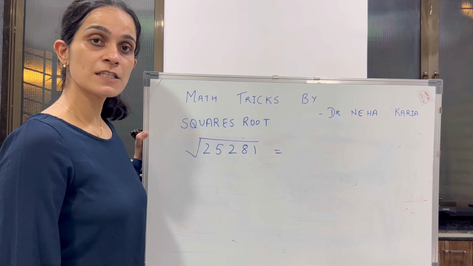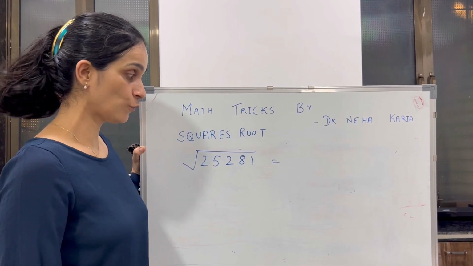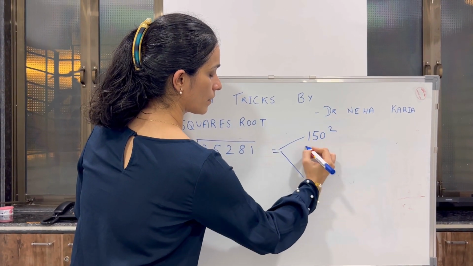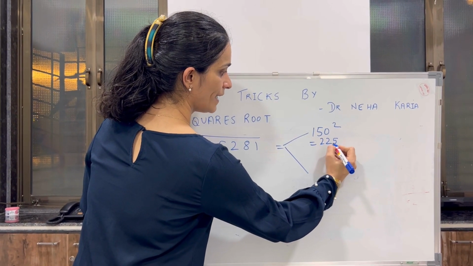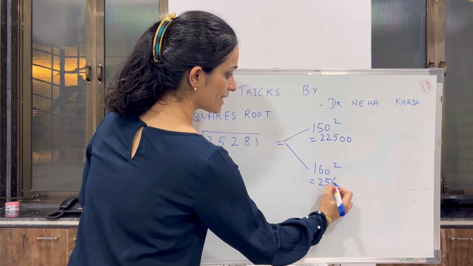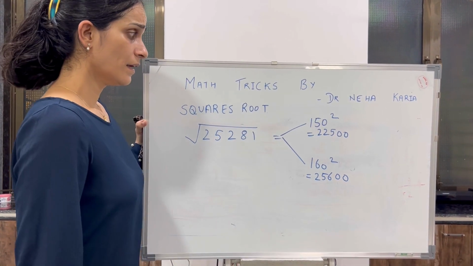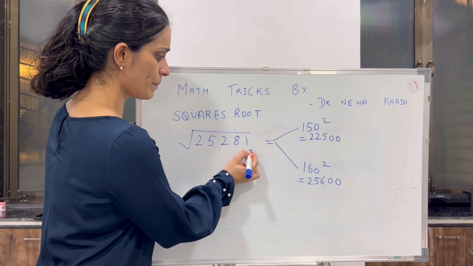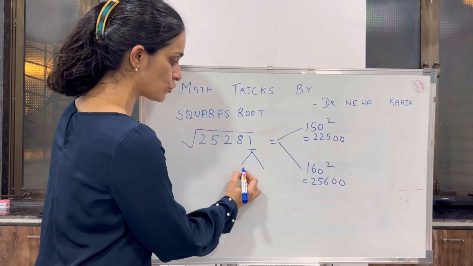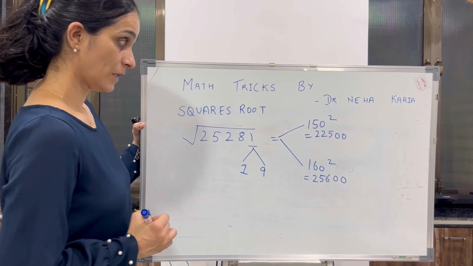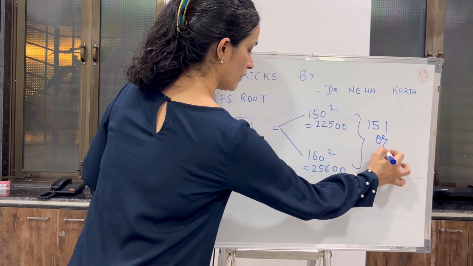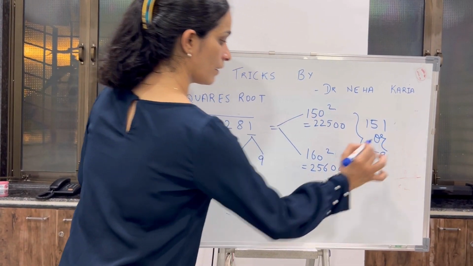So 15 square is 225 and 16 square is 256. So 150 square is 22500 and 160 square is 25600. Very important. What is the base? Units place 1. So the number in the units place of the square root could be 1 or 9. So it could be either 151 or 159. Very important.